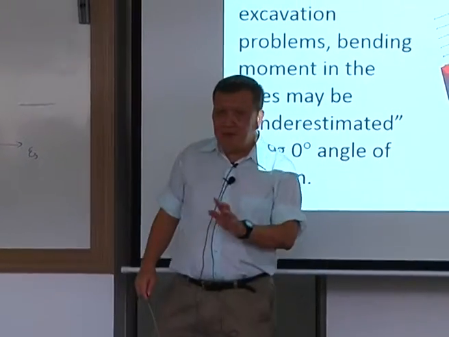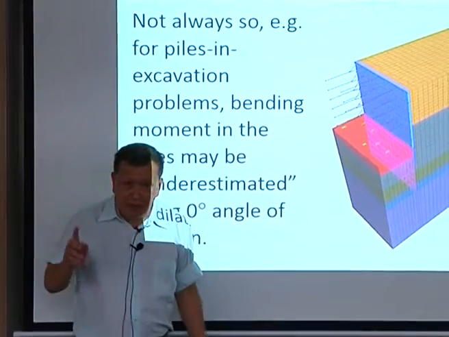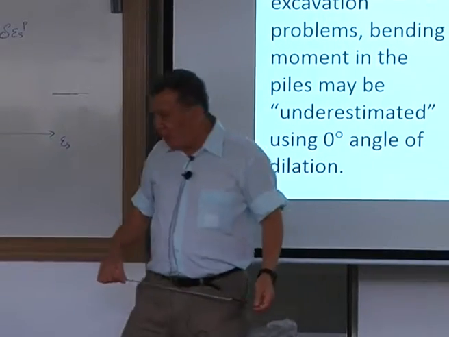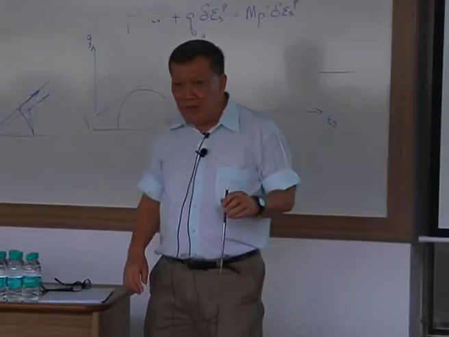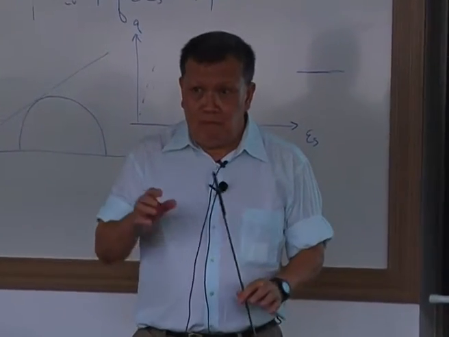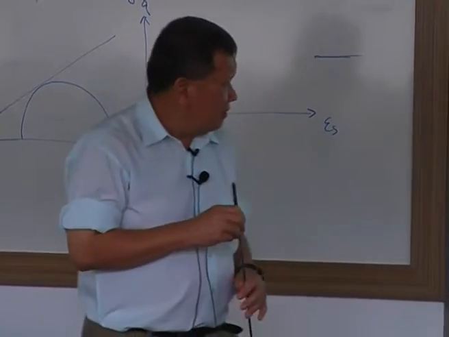You get what I mean? That means if you set a 4 degree dilation angle, the bending moment is actually larger than if you set the dilation angle to 0. So we started thinking about why this phenomenon is happening. We thought there was some error in the analysis, but we checked through the analysis, and it was okay.